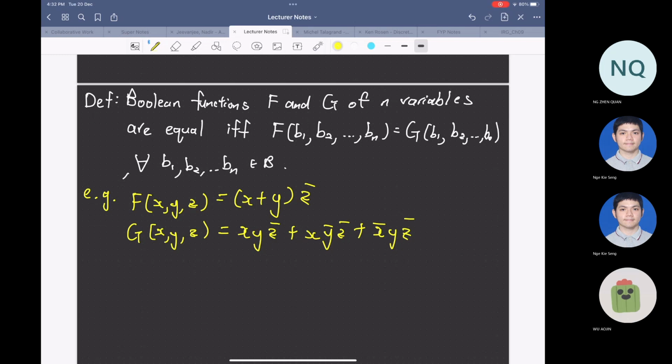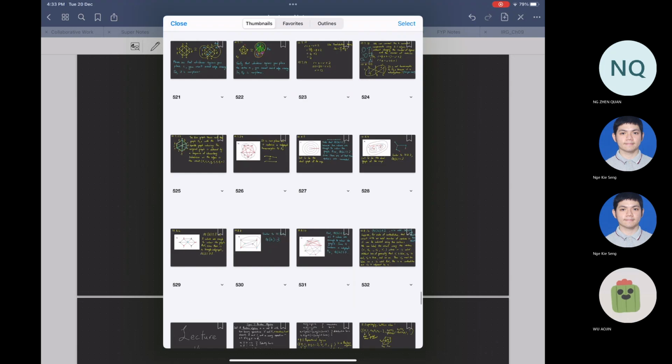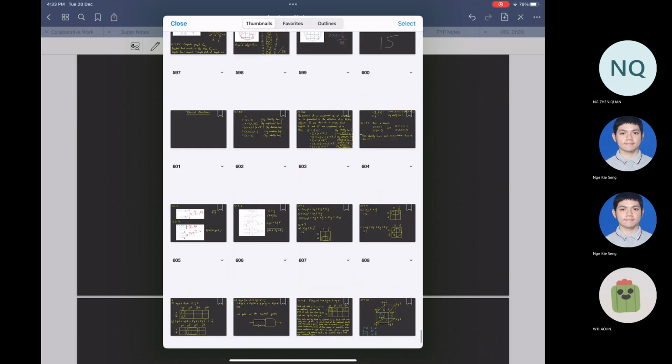Okay. Can you see why they are the same? I think it's not just multiplication. So you need to check the truth value table. Okay. So you need to make sure that for every value they take, they give the same output. Okay. So I got this table. Got the table here.